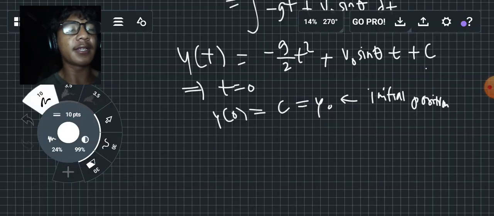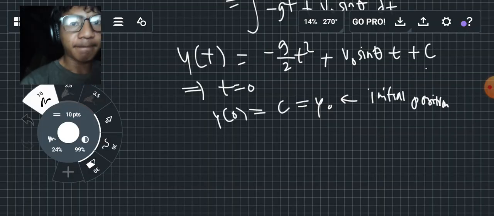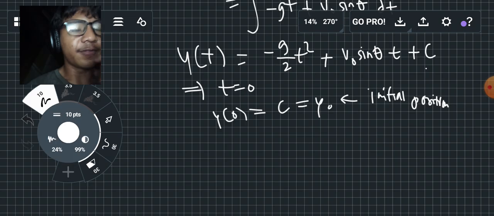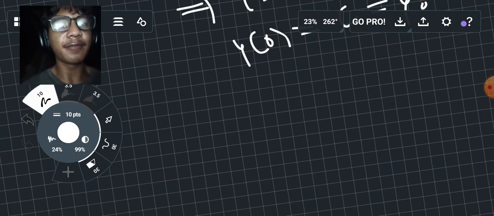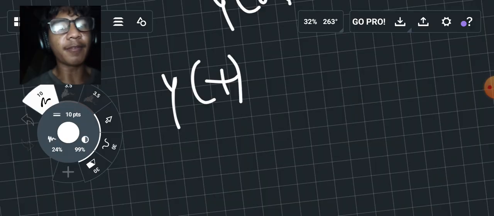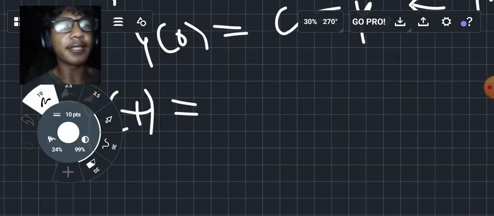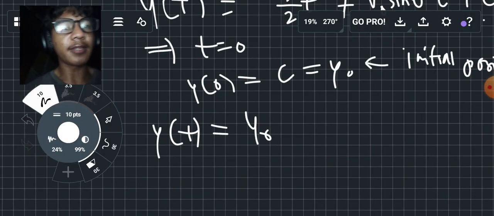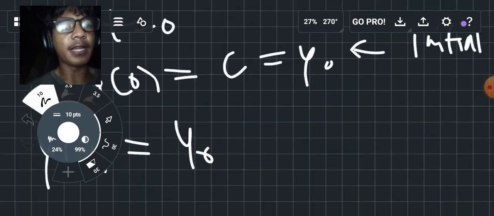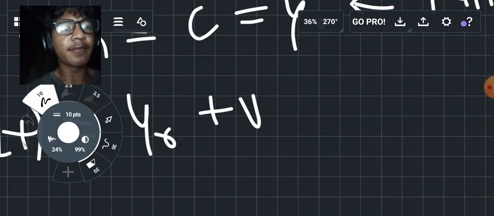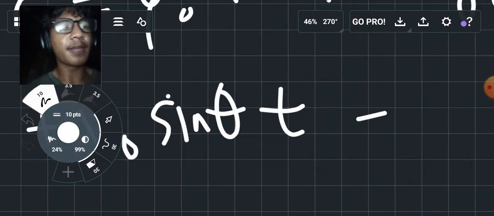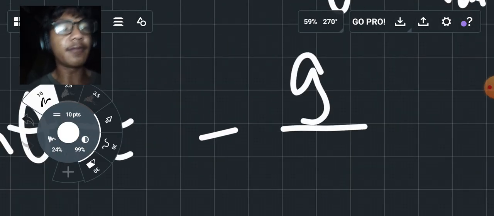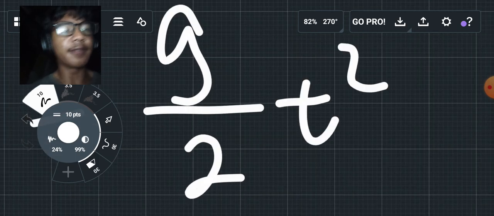Okay. Yeah. So the full position function in the y direction, as you all may be familiar with now, is just y naught plus v naught sine theta t minus g over 2 t squared.